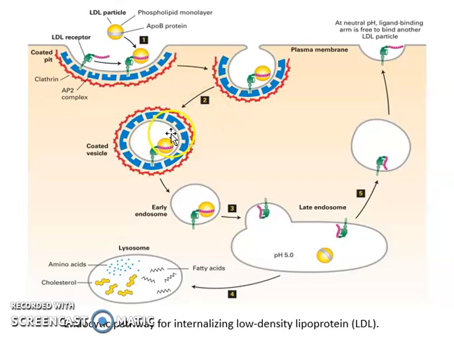This is step 2. Then the coat proteins are shed off, forming an uncoated vesicle called the early endosome. This early endosome will eventually fuse with the late endosome. Here the pH of the late endosome is acidic, low, which we can see is 5.0.